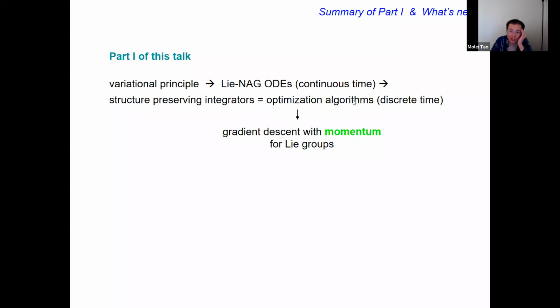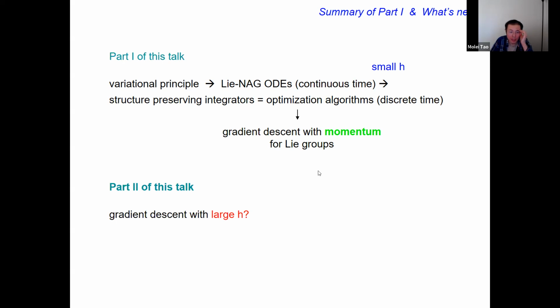And those algorithms actually correspond to a very natural way of doing gradient descent with momentum for Lie groups. Of course, for the whole thing to flow, we were thinking that those integrators are discretizations of the ODE. So you may think that the time step h has to be small, but in fact, in practice, you can use relatively large time steps as well. And in fact, this is going to be the focus of the second part of my talk.